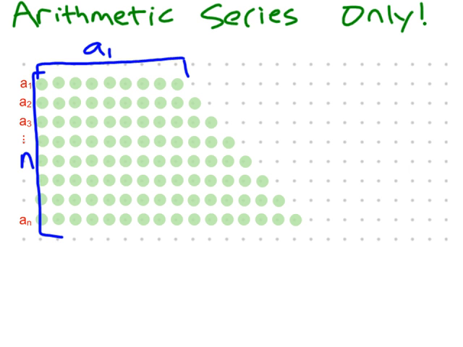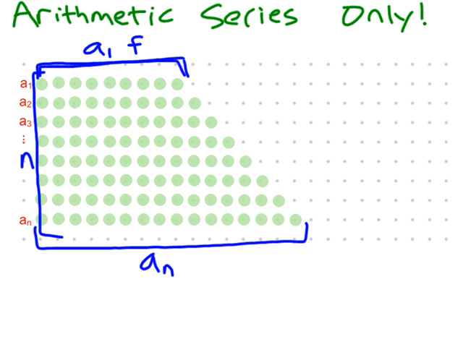If that first term in the series were 100, then I'd ask that you just imagine that this is 100 dots. And this represents whatever the last term in the series is, the nth term. So again, a sub 1 is the first term, and a sub n is the last term. And there are n total.